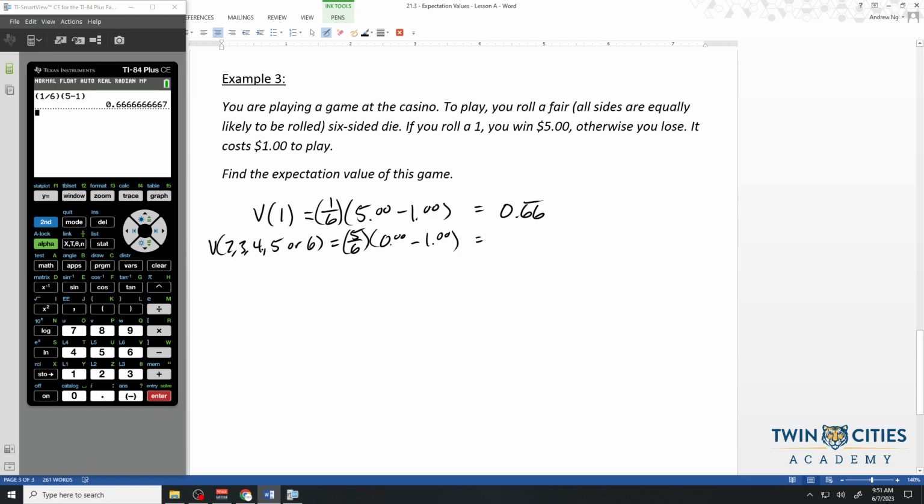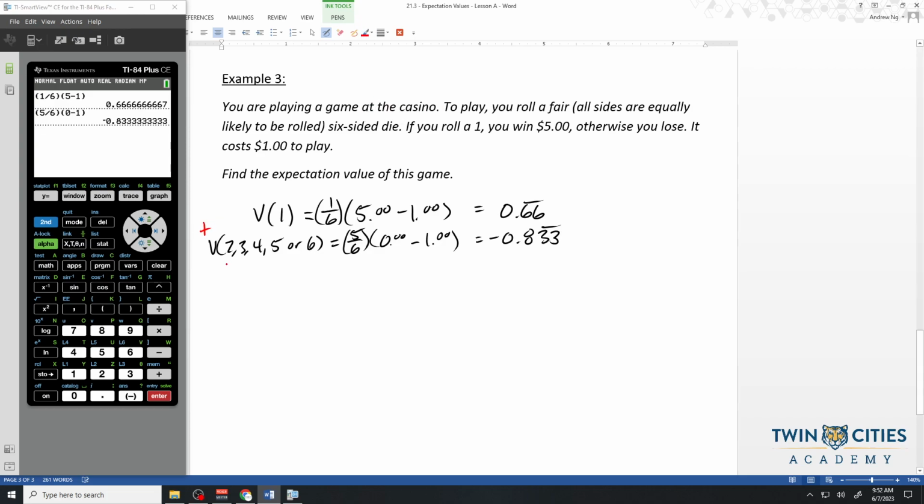So 1, 2, 3, 4, 5 out of 6 is the probability. And when that happens, the outcome is 0 minus $1 to play. That is negative 0.83 repeating.